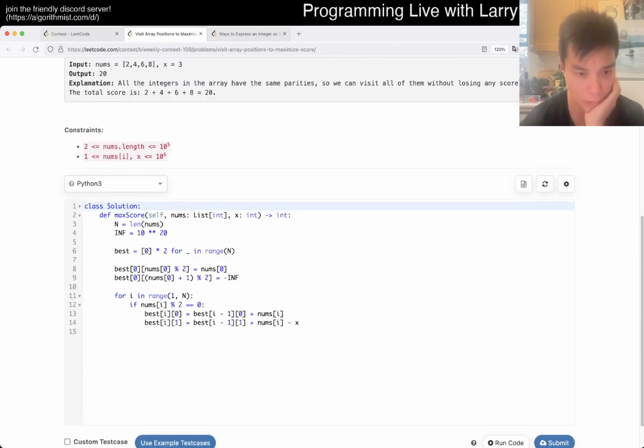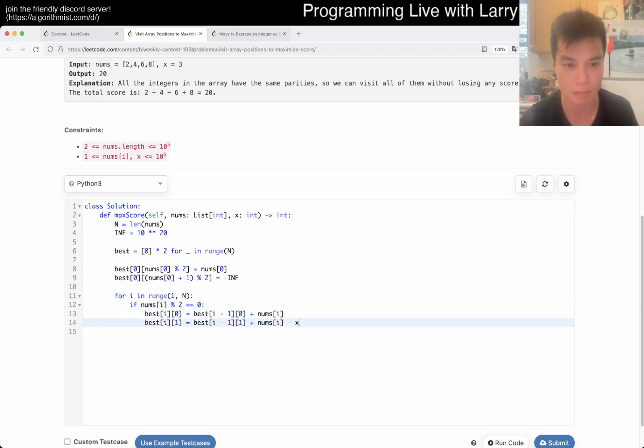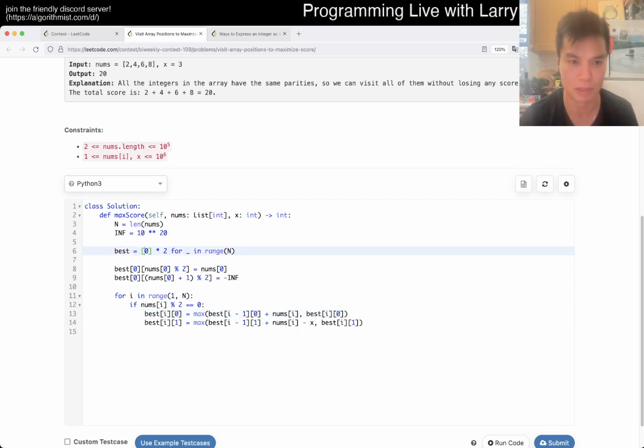Okay, so basically if this is even, either take the last even number. Well, these should be negative infinity, actually, I think.